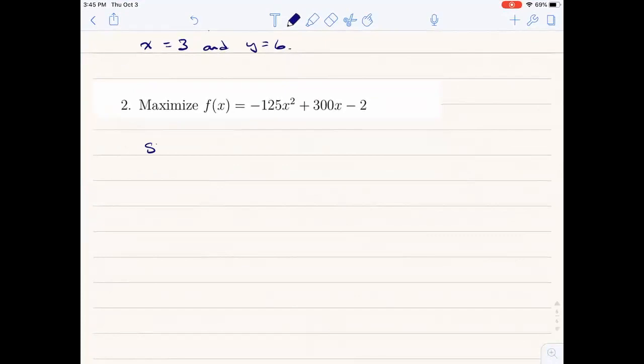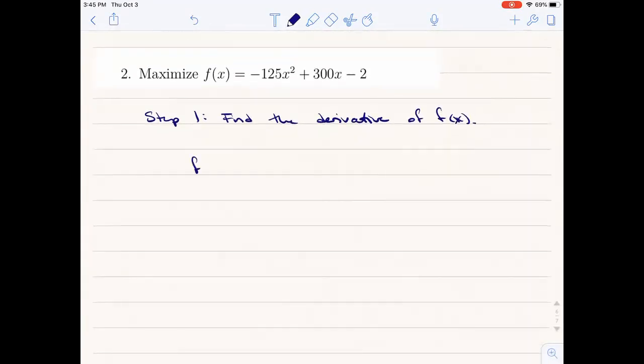So step 1 is to find the derivative of f of x. Remember, we denote the derivative by a prime, f prime of x. If f of x is negative 125x squared plus 300x minus 2, remember what we did? We gave it a bump from the right, and all those powers fell down in front and multiplied the coefficients, and then we decreased the powers by 1.